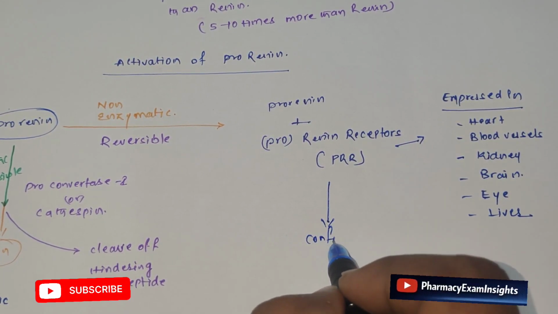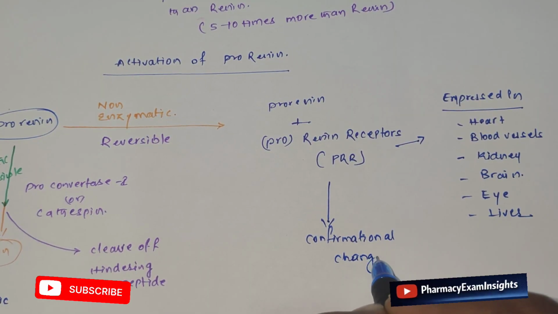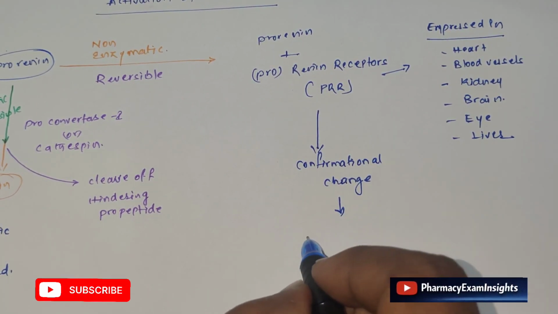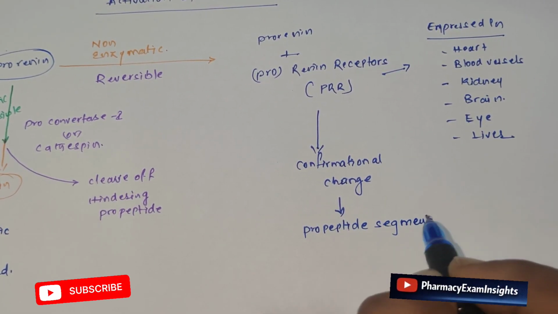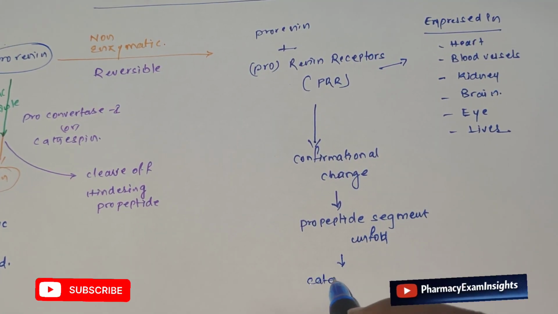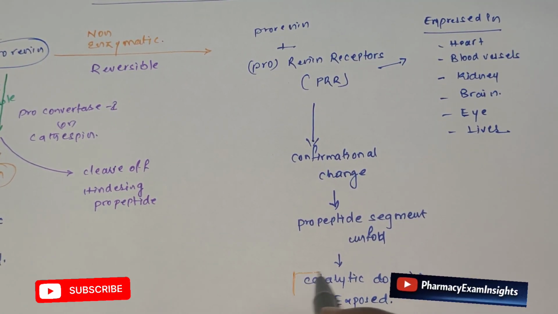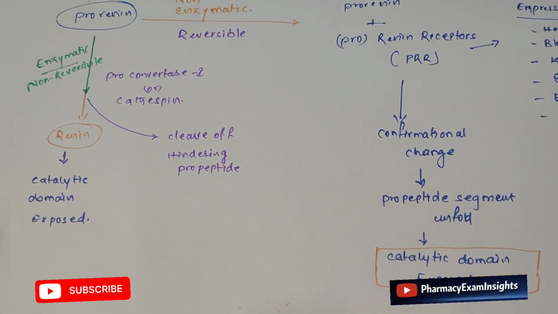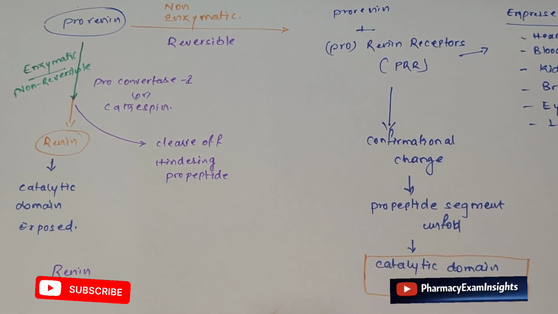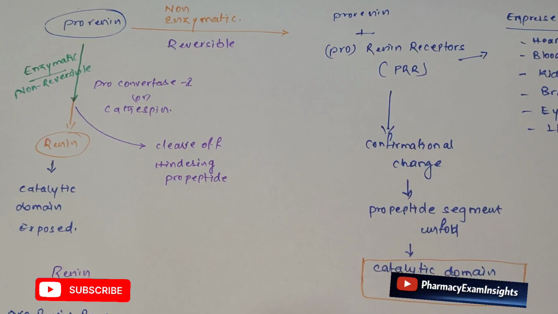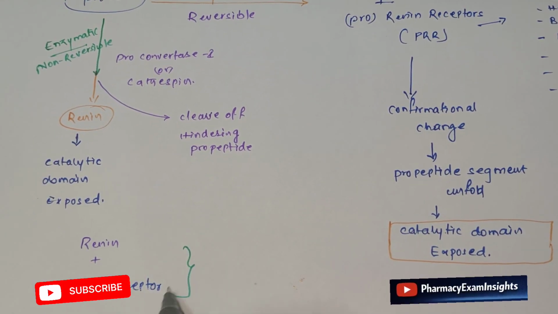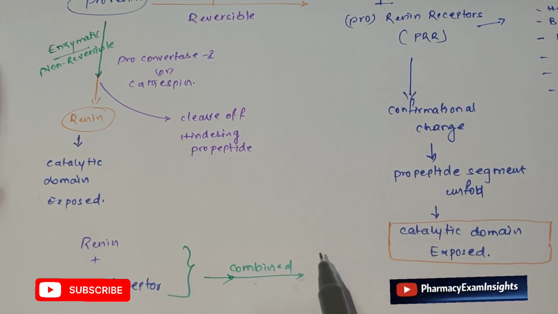So then conformational change happens in prorenin. So the propeptide segment will be unfolded. So then the catalytic domain of the renin will be exposed. When renin and prorenin receptors combine, the catalytic activity of renin is augmented several folds.